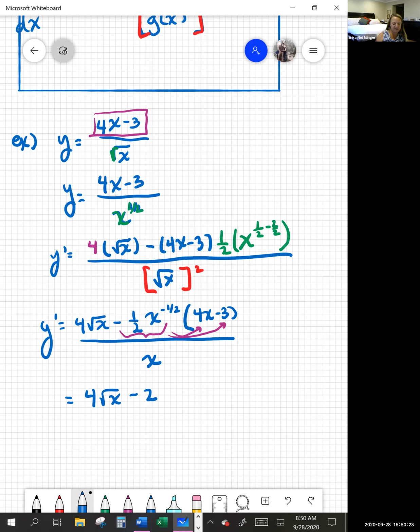So -1/2 power plus 1, -1/2 plus 2/2, so that's 1/2. And then -1/2, x to the -1/2 times -3, so this is plus 3/2 x to the -1/2, all over x.